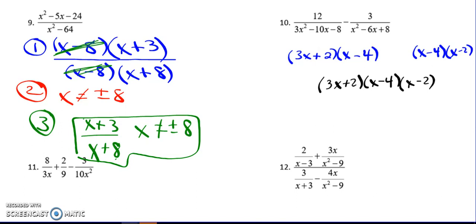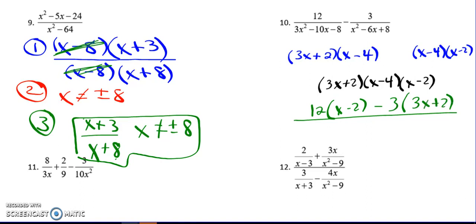So the left side there is missing x minus 2. So 12 is going to get multiplied by x minus 2. 3 is missing the 3x plus 2. That fraction is missing that piece in order to get my common denominator.